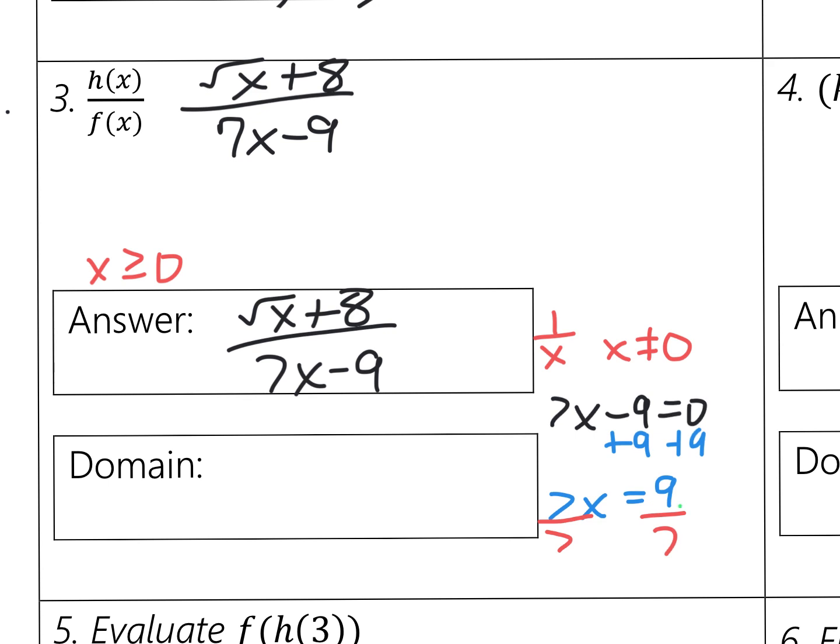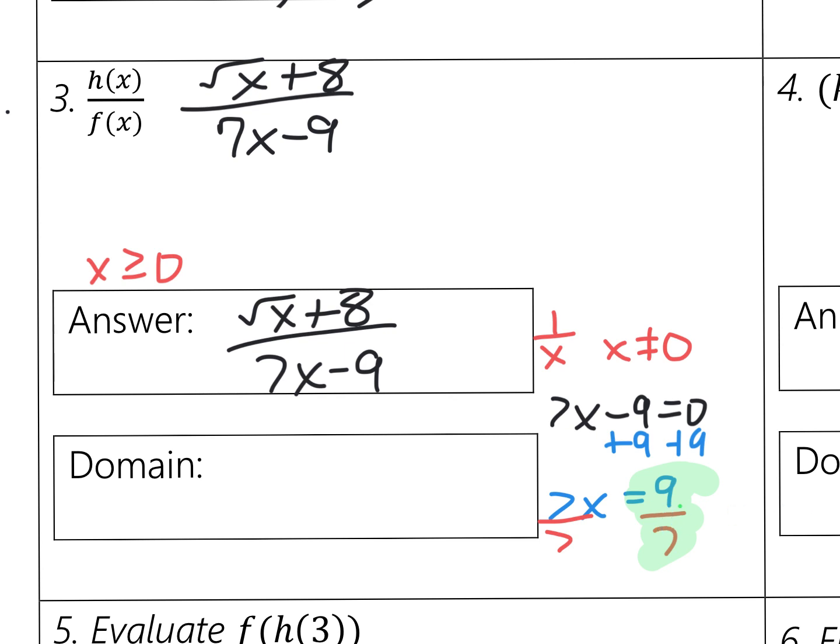Okay, so if our domain restriction is 9/7, then we have to consider that as well in our domain restriction. Now 9/7 is greater than 0, so we can use from 0 up to 9/7, which we cannot use, and then we can use 9/7 to infinity.